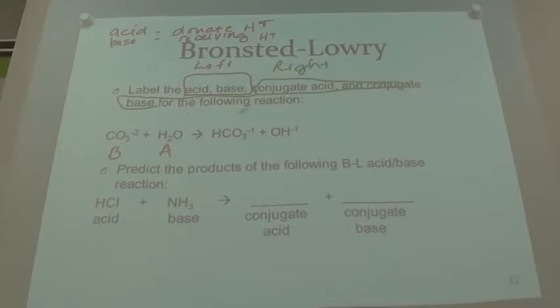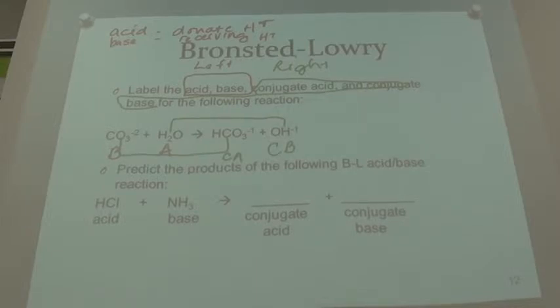It lost a proton. Would it look like this if it lost a proton? Indeed it would. So this would be the conjugate base. This gained a hydrogen ion. Do we see that happening? Yep. So this is the conjugate acid.